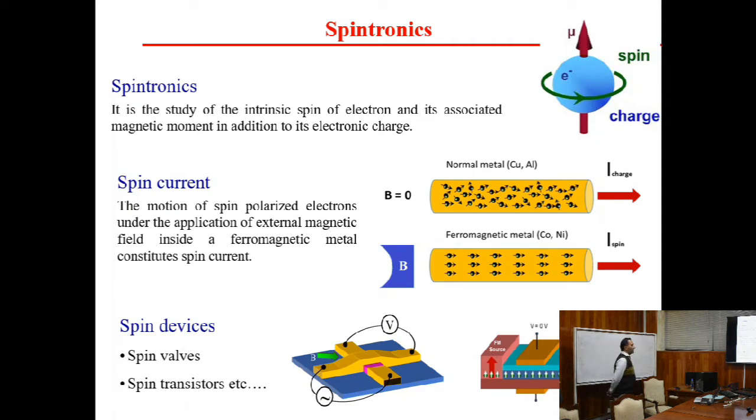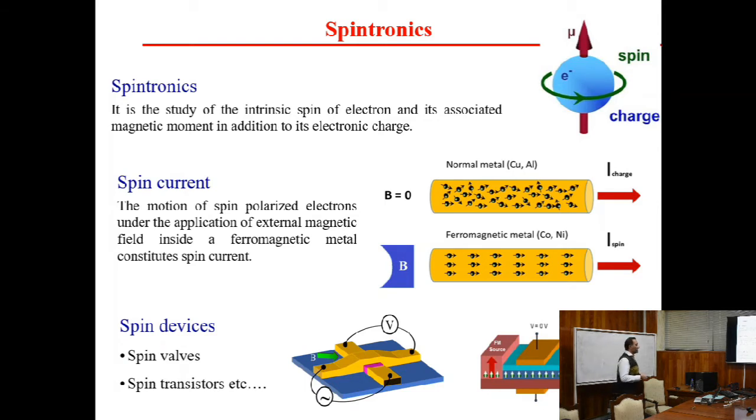How do spintronic devices work? In the normal case, let's discuss transistors, which are simple devices. In a field effect transistor, you apply the voltage and you measure the current.